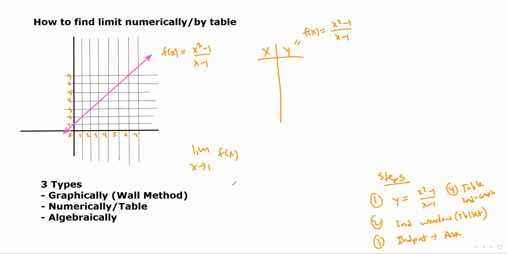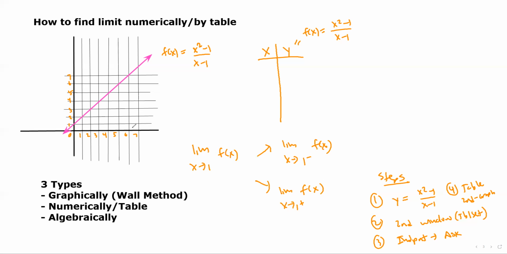As I mentioned before, we need to look at the left side of the graph as well as the right side. So I need to find the limit as x approaches 1 from the left side of the graph, and the limit as x approaches 1 from the right side of the graph.